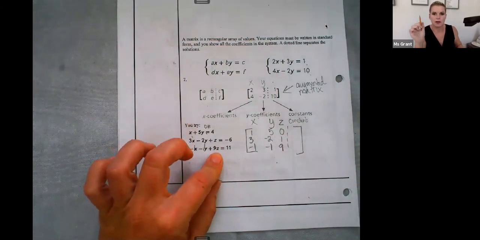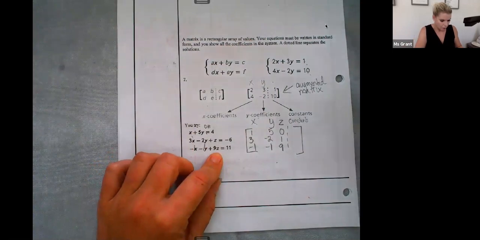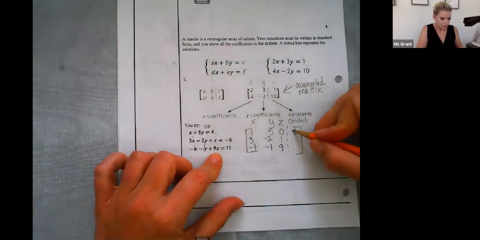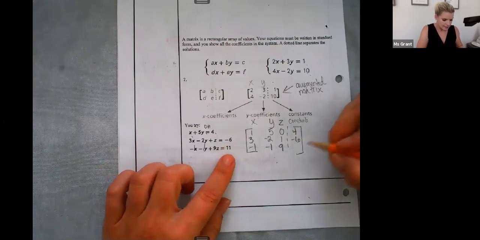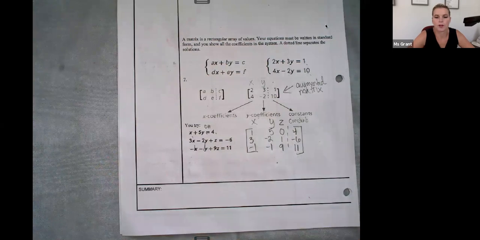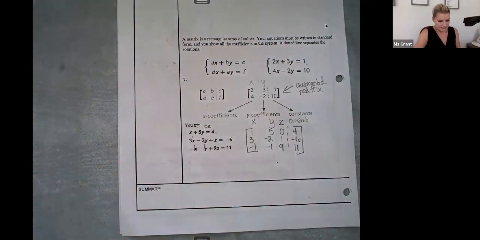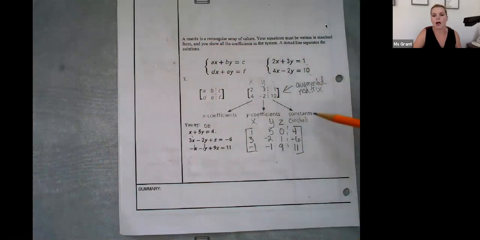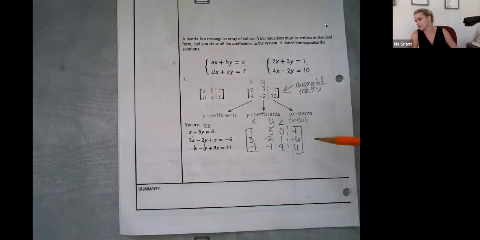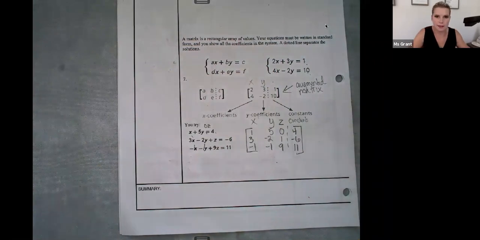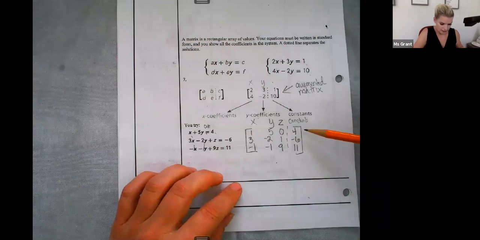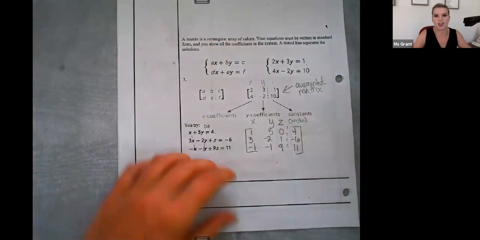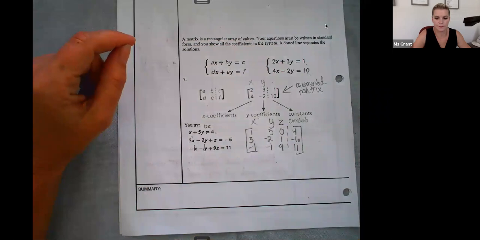Now let's do our numbers after the equal signs. 4 goes with the top row. -6 goes with the middle row. 11 goes with the bottom row. So all you're doing in this problem is rewriting a system in an augmented matrix. And that's what this is, okay? You're rewriting the numbers. X, Y, Z, equal sign, and then your constants, your answers, your numbers, okay?